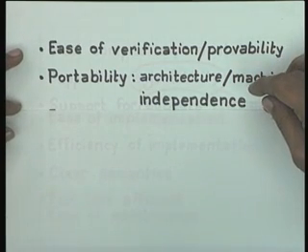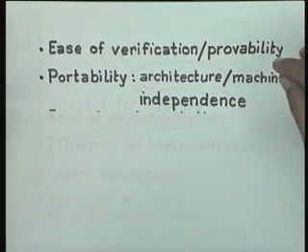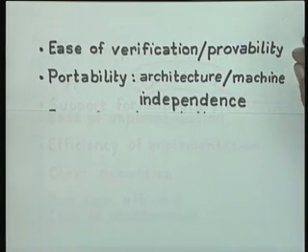Nowadays, when I say portability, what it means is that the language design should be such that it is oriented towards an end user and is not architecture or machine specific, simply because a certain machine has a certain kind of assembly instruction.